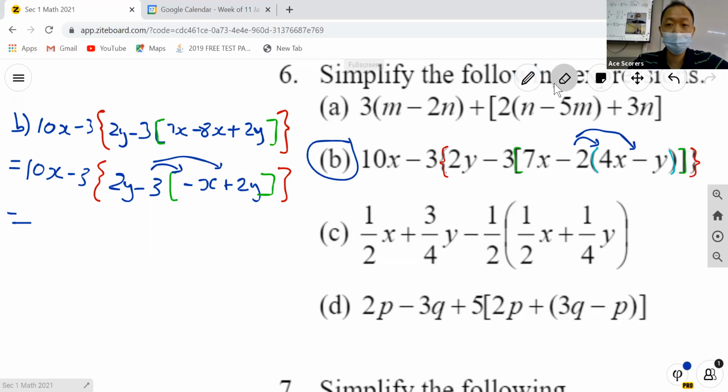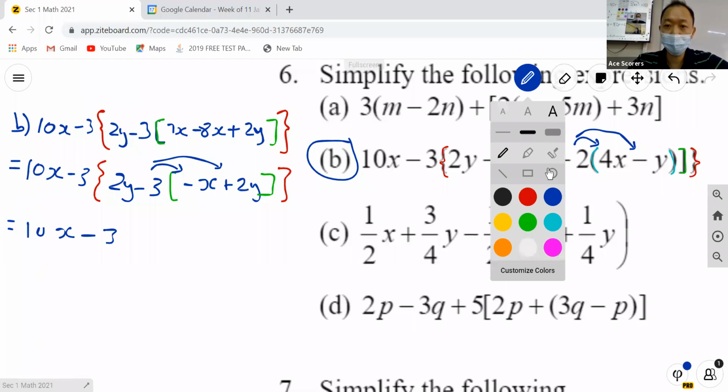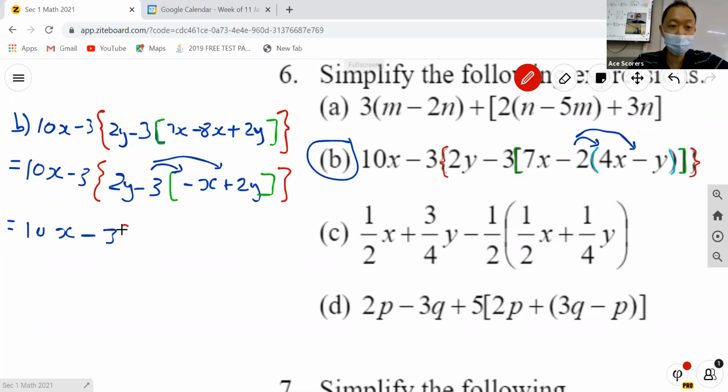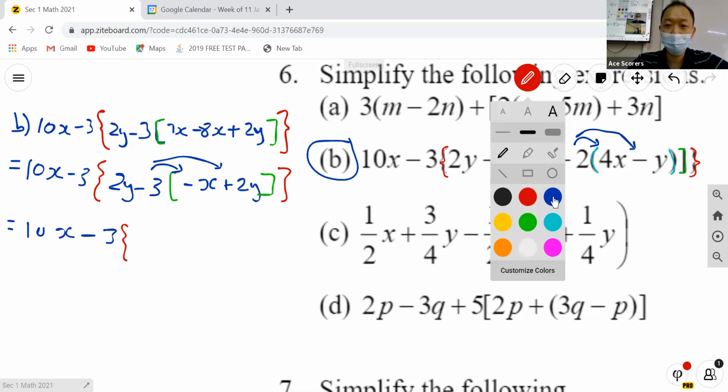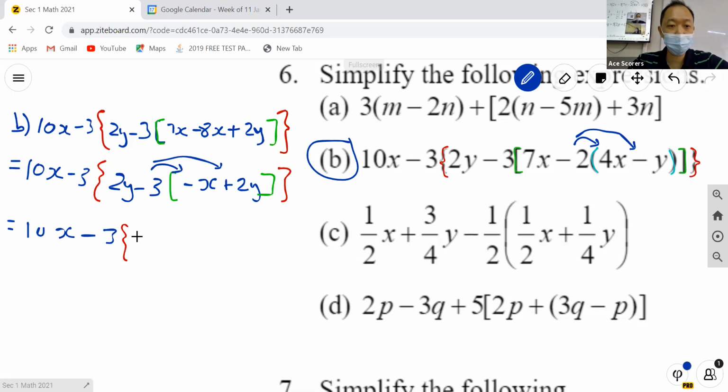So I get equals to 10x. Take away 3, still the red bracket. You see, I haven't even touched the red one until now, yeah? So now rainbow in, so I get 2y minus 3 times minus x become positive 3x.